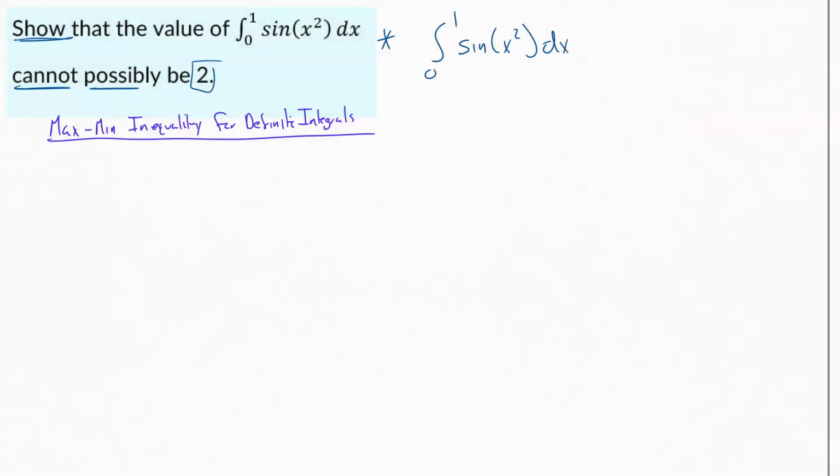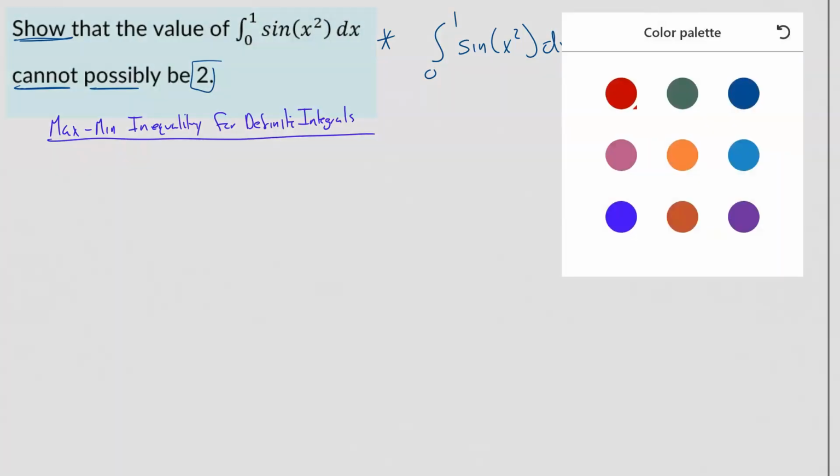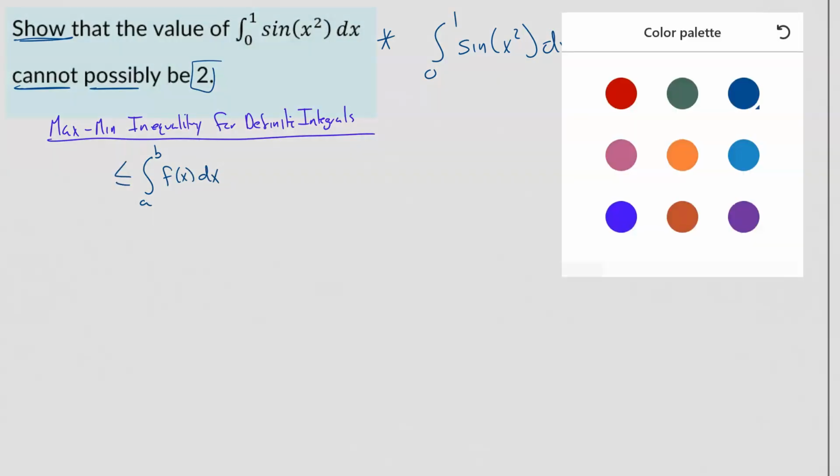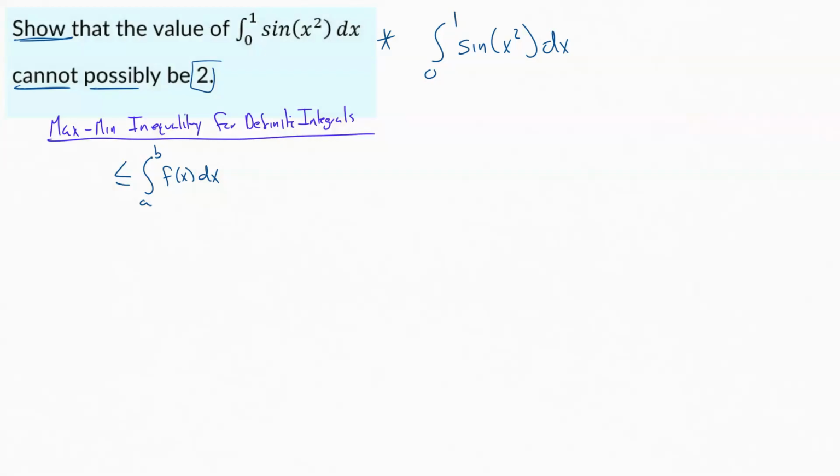What it says is if I have some integral from a to b of some function f of x dx, then I know that this thing has to be bigger than, and again, this is where the Riemann sums come in. Riemann sums is all about area of a rectangle, which is base times height.